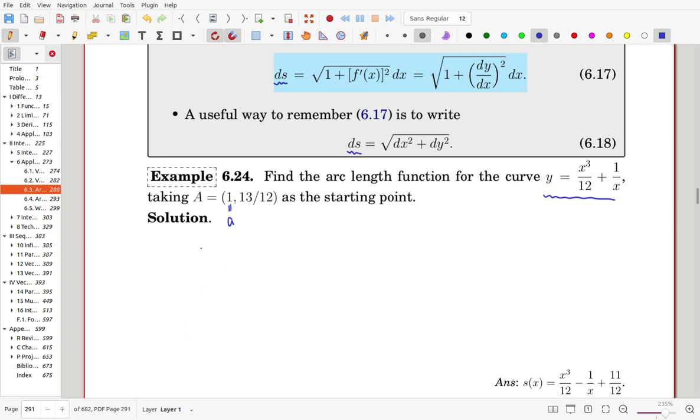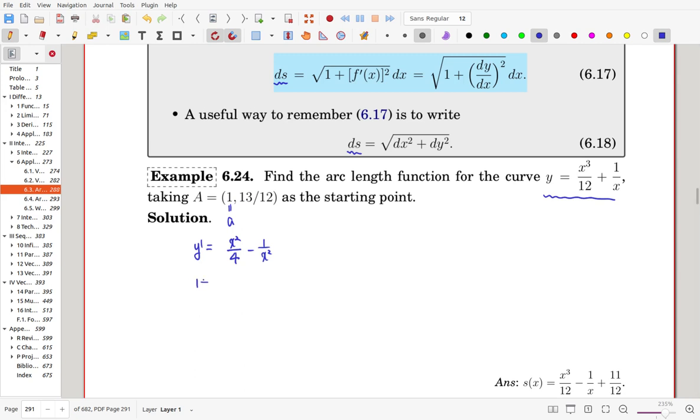We have to find that portion first. So y prime equals x squared, and the 3 will come out, so that is 4, right? And then minus 1 over x squared.